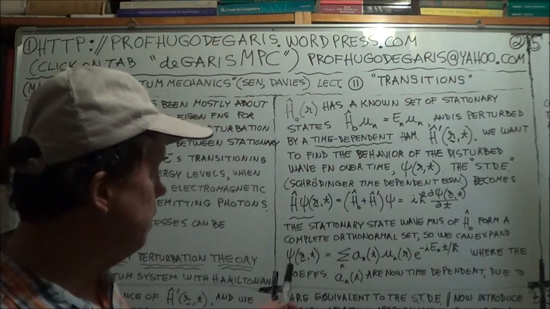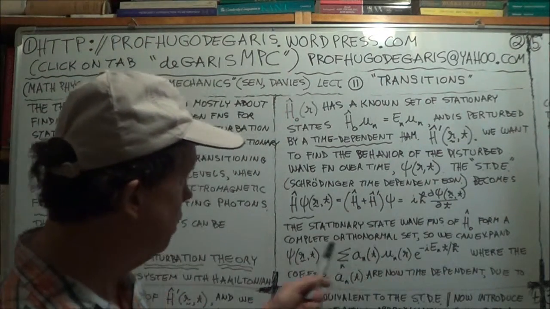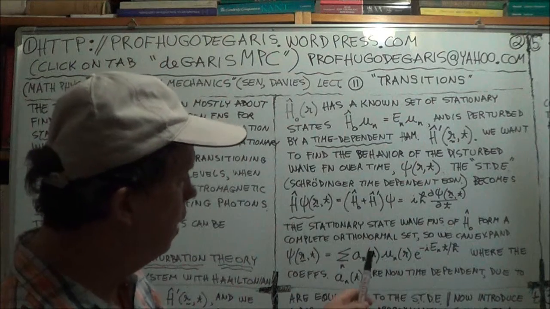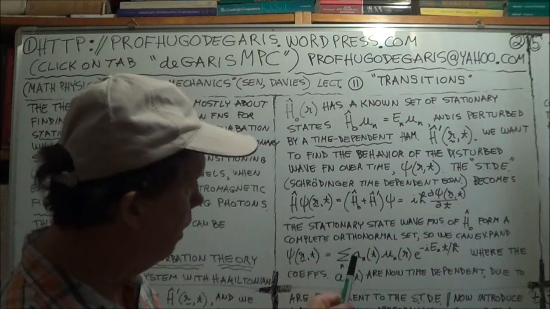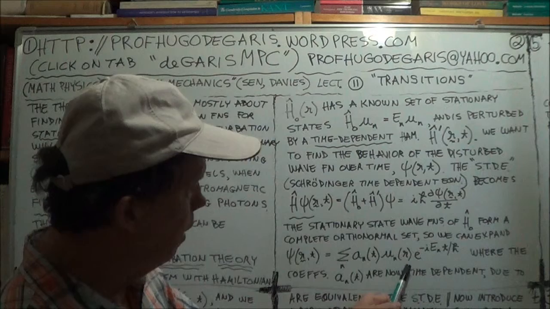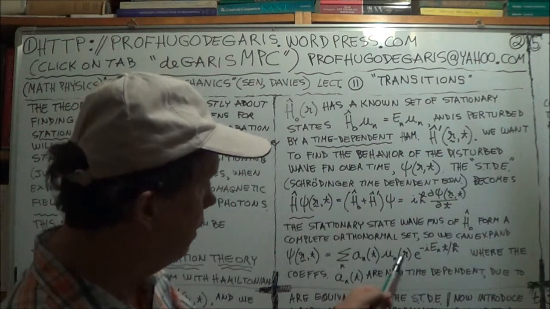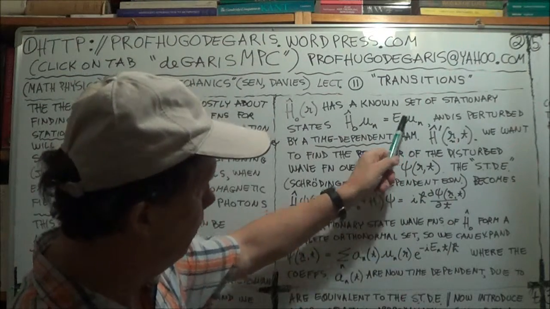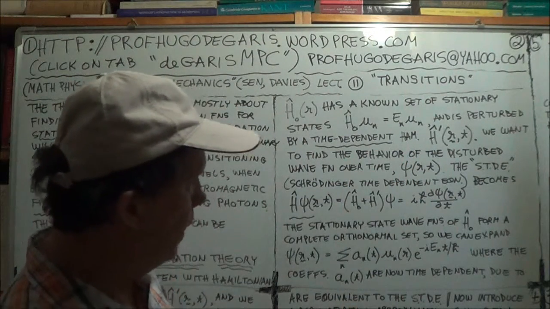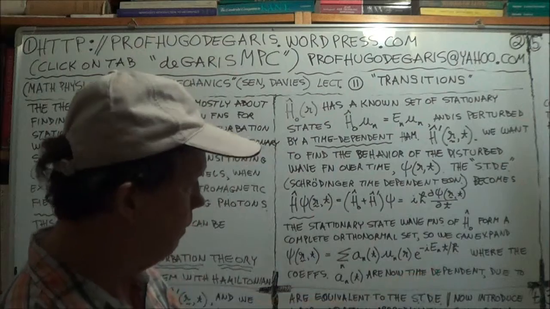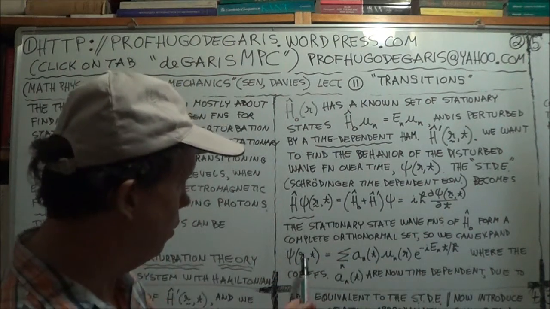Okay. So here's a basic assumption now. We're forming the weighted sum of a complete orthonormal set of eigenstates, UN, right, here. And we're bringing in this term as well from the STIE, because we're talking about time now.